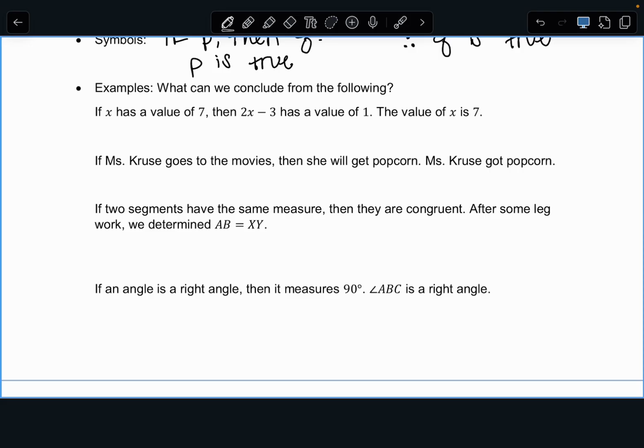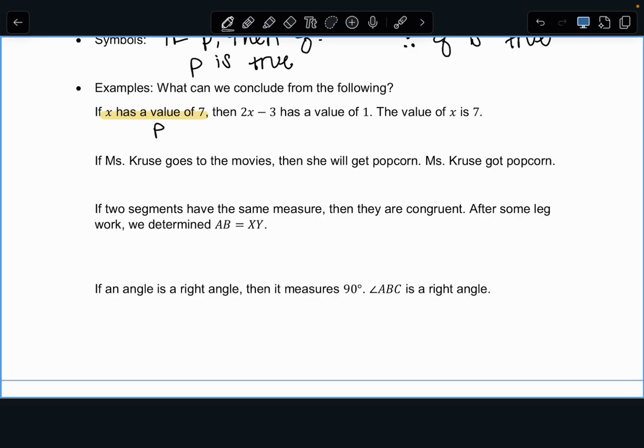I want you to label each different statement. So if you want colors, go grab some colored pencils or markers, or you could just label it P, Q, and whatever else. Okay? So it says, if X has the value of 7, let's call that P for now.